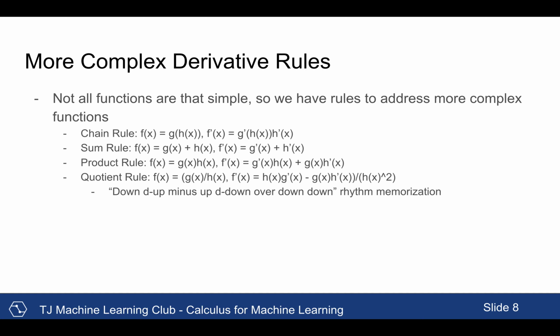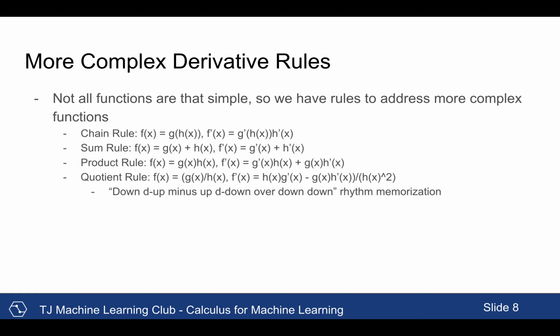So if we wanted to try that out on a product, just say 3x times e to the x, g prime of x would be 3. So we'd have 3 times e to the x plus 3x, and then the derivative of e to the x is e to the x.